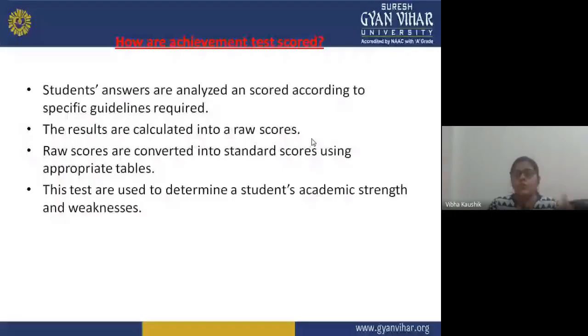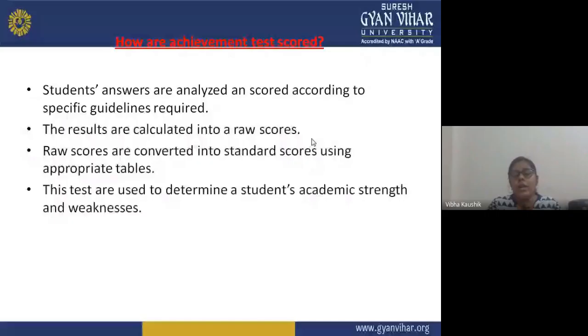The scores of the students are scored according to the specific guidelines required. It means the analysis of the results is based on specific guidelines that are given. Results are calculated into a raw score.